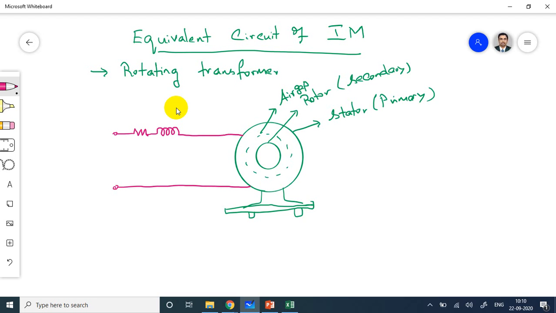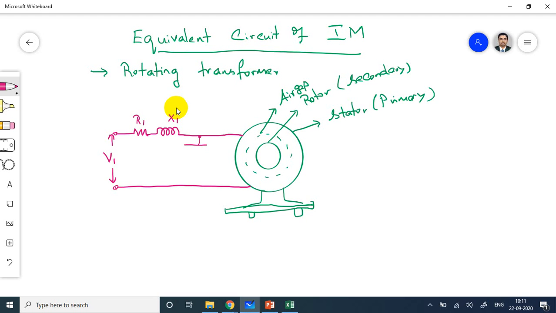This value will be R1, X1, and the voltage we are applying is V1. V1 is the induced voltage.